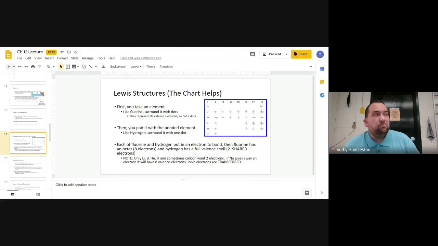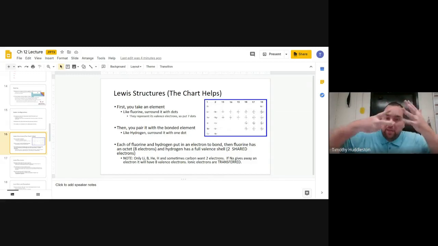So for example, if I'm talking about Br, which is bromine, that's atomic number 35. That would be 7 valence electrons, because I'm going to count all the valence electrons. You have K, you have Ca, you have Ga, you have Ge, you have As, you have Se, and then you have Br. So that's 7 valence electrons.